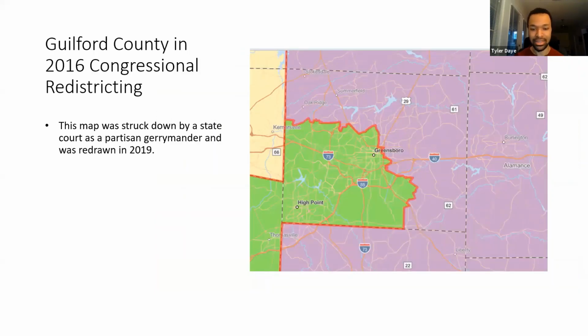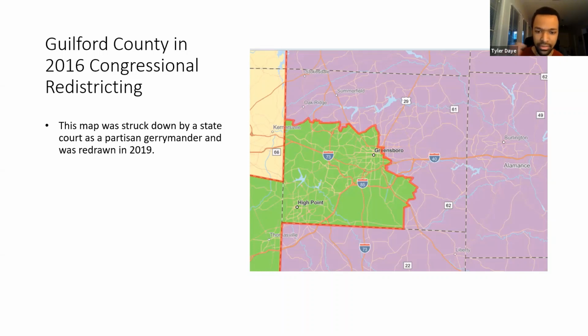And this is what they did in 2016. So instead of packing, they decided to crack. And so they cracked the city and the county. And you can see that this is the infamous map in which North Carolina A&T was cut in half right down the middle of the campus. And you can see as well how the area that I made the community in Eastern Greensboro is cut as well in halves.